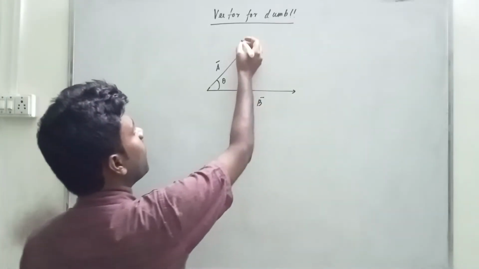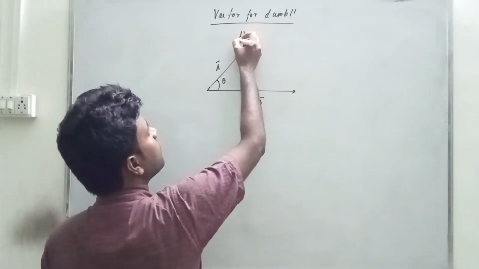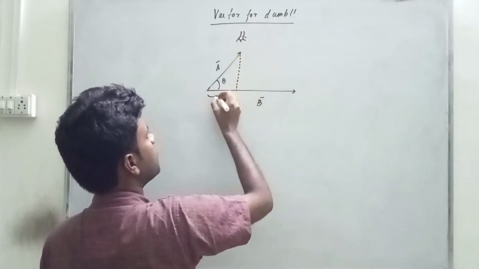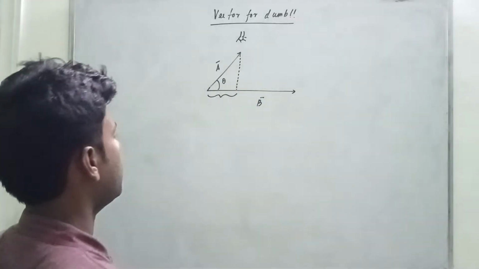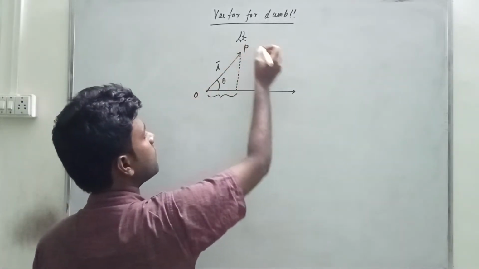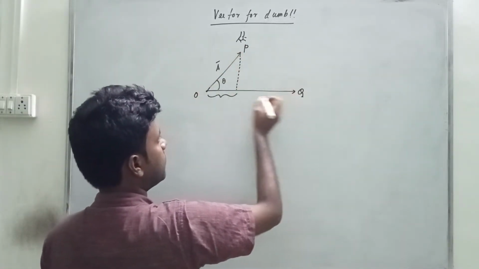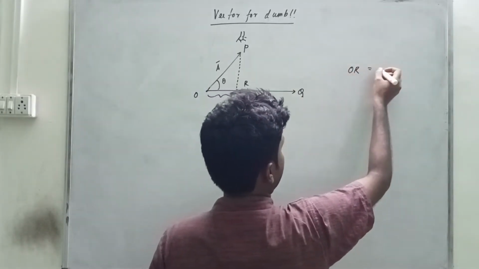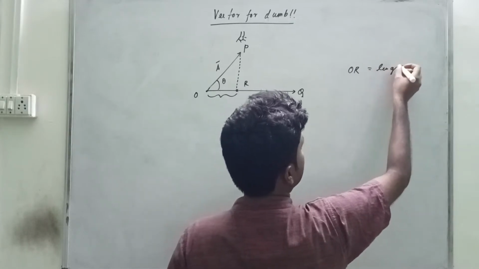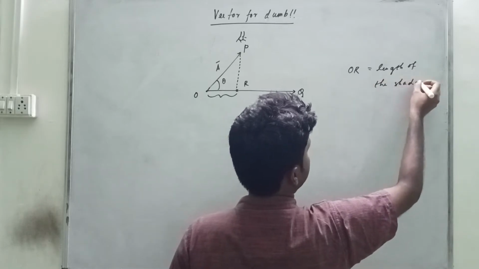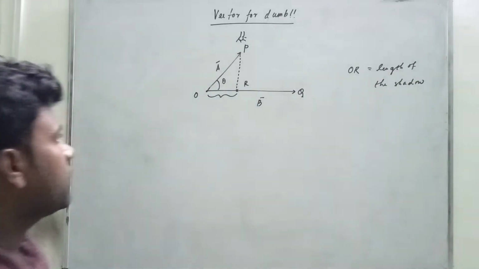And if you light a candle there, then the shadow of A will be, obviously, the shadow length of A. So if I name O, a point P, a point Q, and a point R, so OR is actually the length of the shadow, right? Length of the shadow.